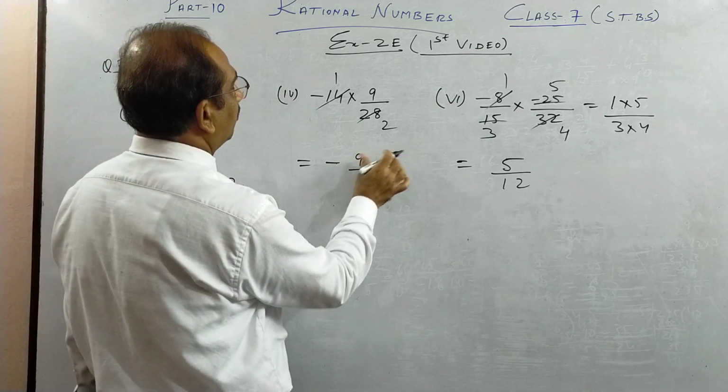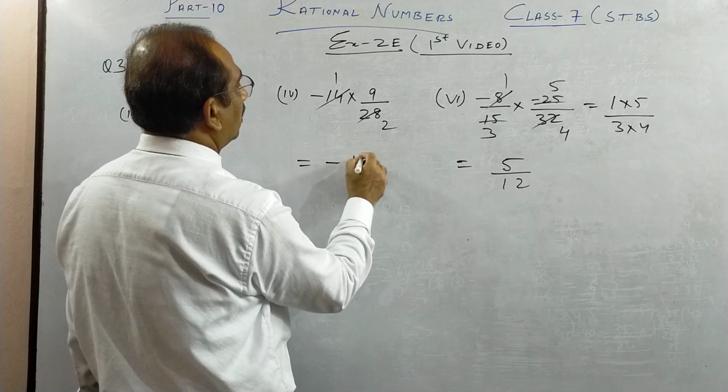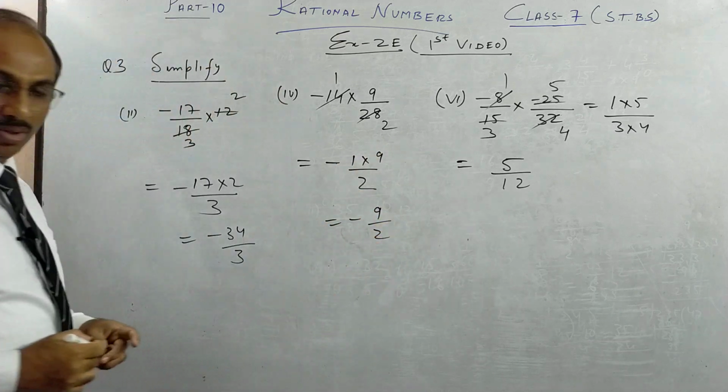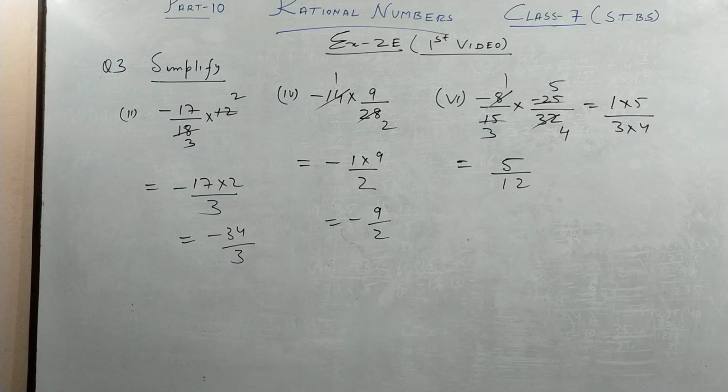Here also you could have done minus 1 into 9 by 2, minus 9 by 2. So what we see is how we multiply two rational numbers. So kindly pause the video and copy, then we move on to question number 4.